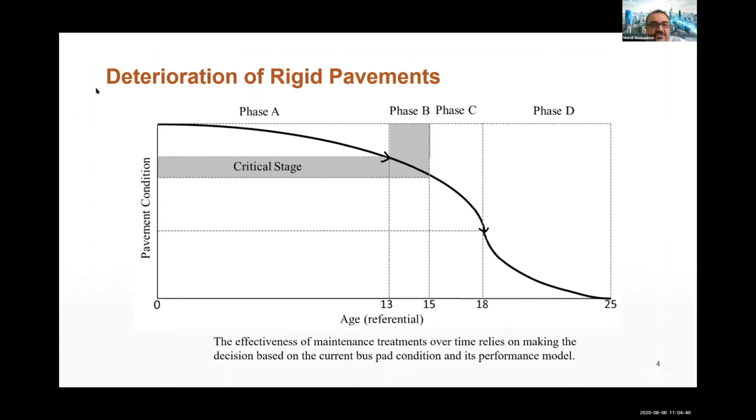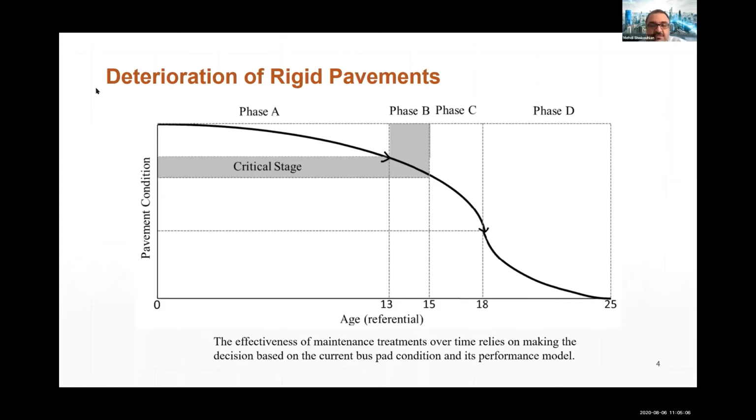The second phase, phase B, is an accelerated phase, in which after several years of use, the pavement enters a stage of accelerated deterioration. At the beginning of this phase, the basic structure of the pavement is still intact. The surface distress is minor, and the common user has the impression that it still remains in good condition.